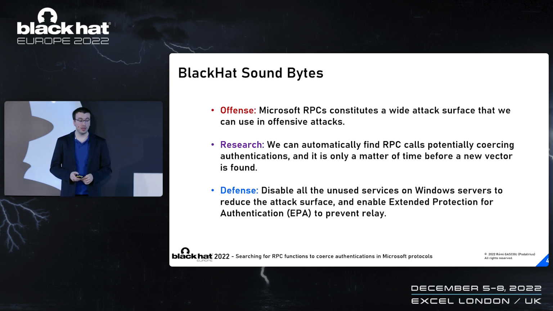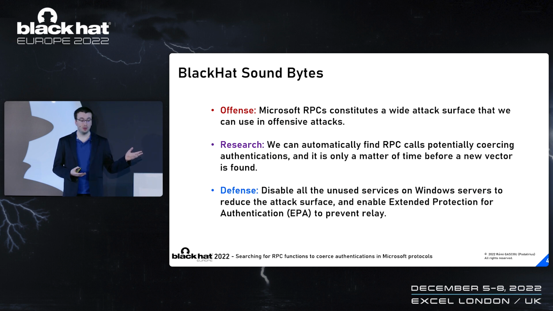Finally, to conclude this talk, I want to remind you of three things from offensive, defensive, and research perspectives. From the offensive side, Microsoft RPCs are a really wide attack surface, which is mostly overlooked, and we should not overtrust it, and that's why we need to disable all the services that we don't use. We can coerce authentications.